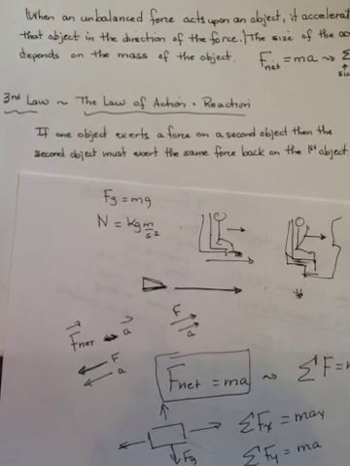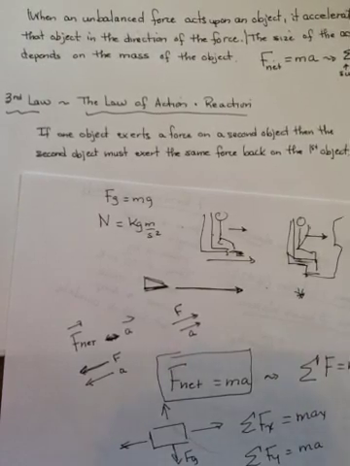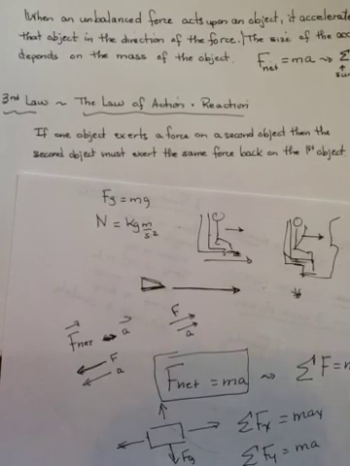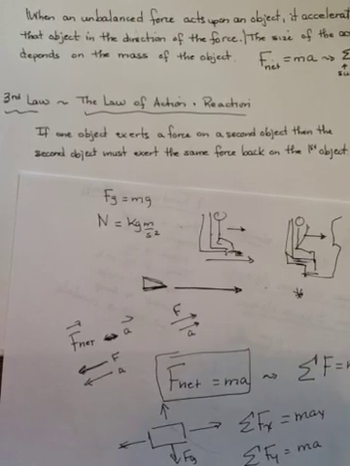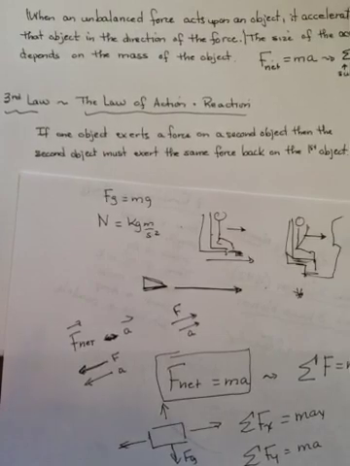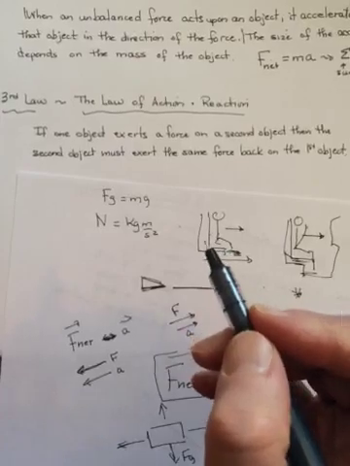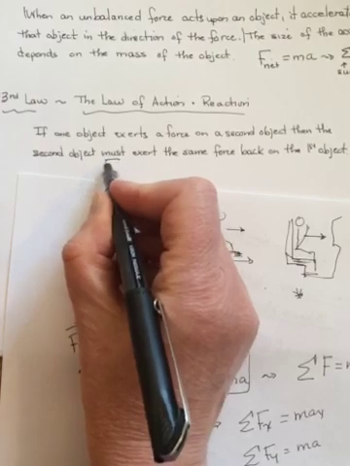If one object exerts a force on a second object, then the second object must exert the same force back on the first object. There is one key essential word in that law: the word must.